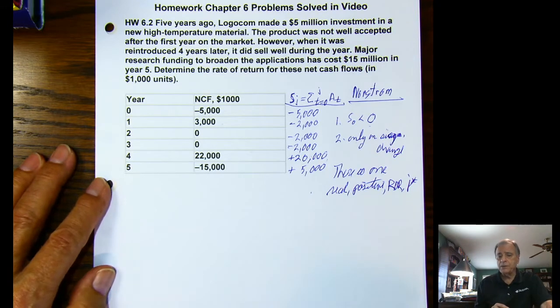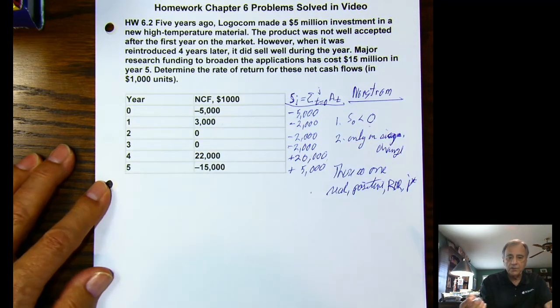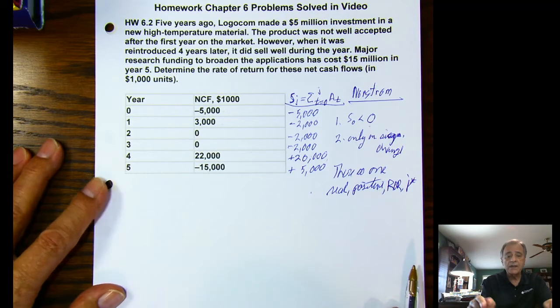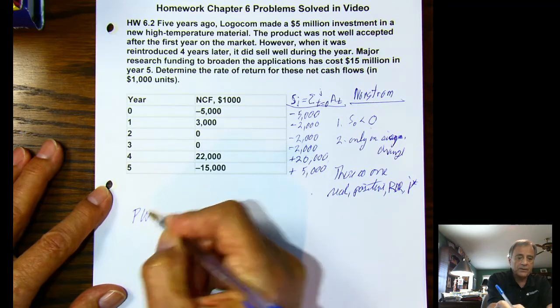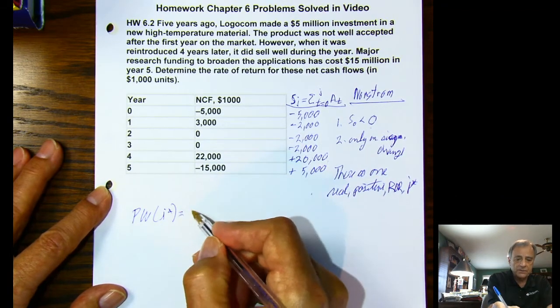So we're going to now do a rate of return calculation on this. And we're going to basically set up a present worth equals 0 and solve for I star.